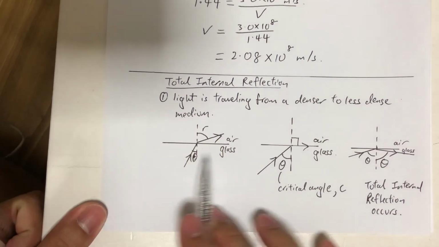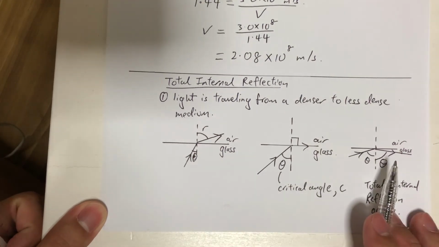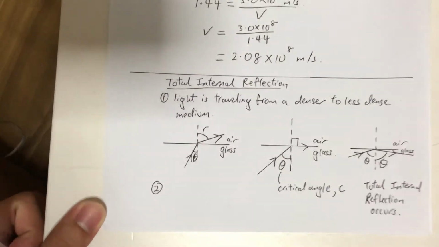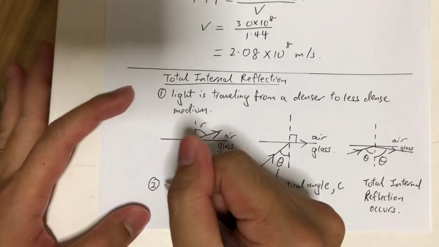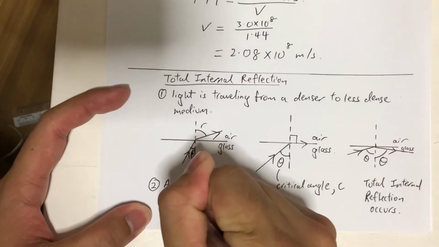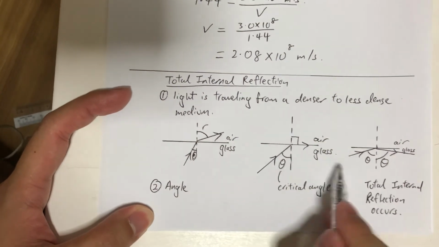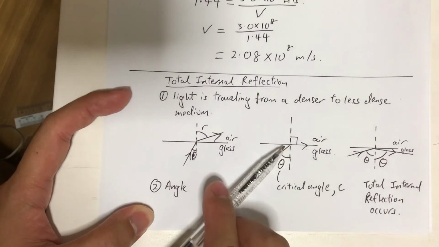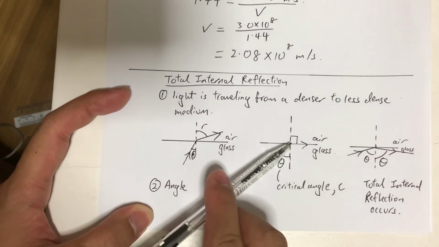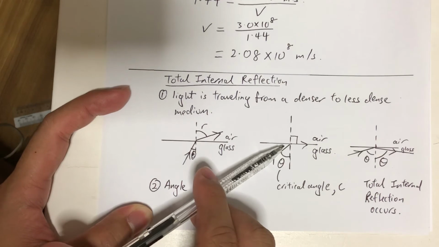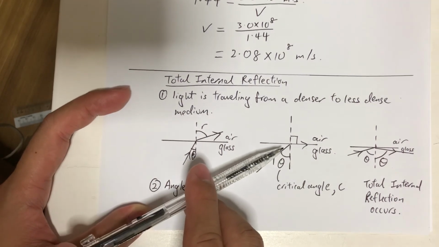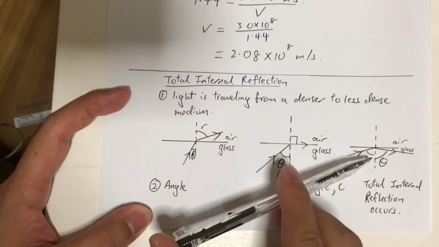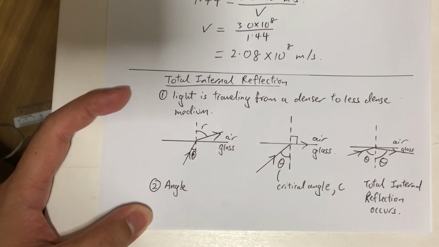Okay, so after my three diagrams here, you realize there's a second condition involved. And what's the second condition? The second condition is talking about this angle. Remember the critical angle? Any incident ray that is traveling in the denser medium to a less dense medium, any angle that is bigger than the critical angle will cause this total internal reflection to take place.